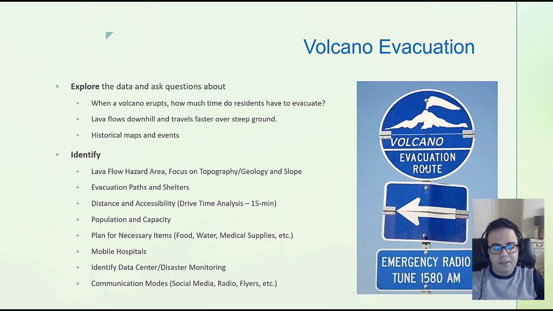Just a fact is that lava flows downhill, right? So the slope of gravity helps to do that. And usually a volcano happens at higher elevations, and then the lava is going to flow to the downhill locations.